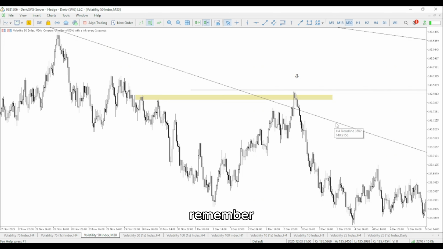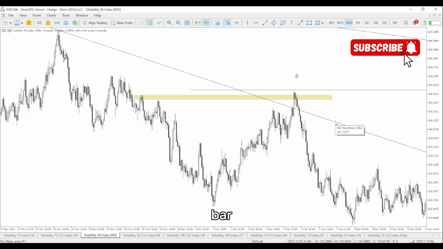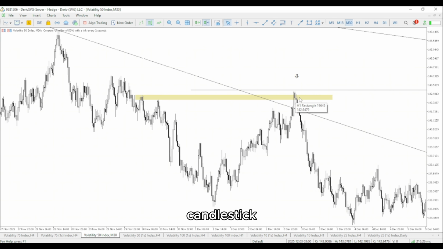Now remember, I told you that when you want to look for your trade, you need a price action signal, which is a candlestick pattern that will provide you with a signal to buy or to sell the market. You understand? And I mentioned that this could be a pin bar or an engulfing bar or an inside bar. And obviously, this bearish candle that happened there was an inside bar candlestick pattern.